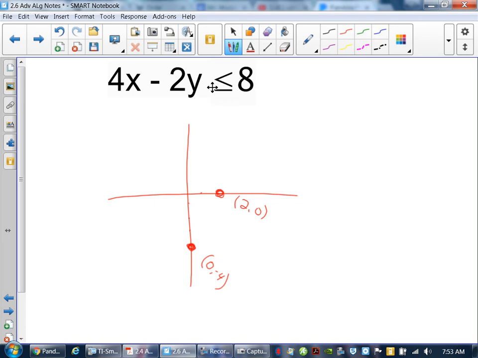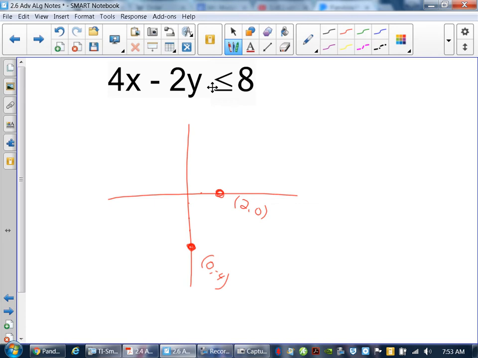Now, when I go to connect those 2 points to create my line, do you guys remember whether it was going to be solid or a dotted line? Why is it solid? Exactly. It's the same basic idea as circling the number. Do you fill it in?